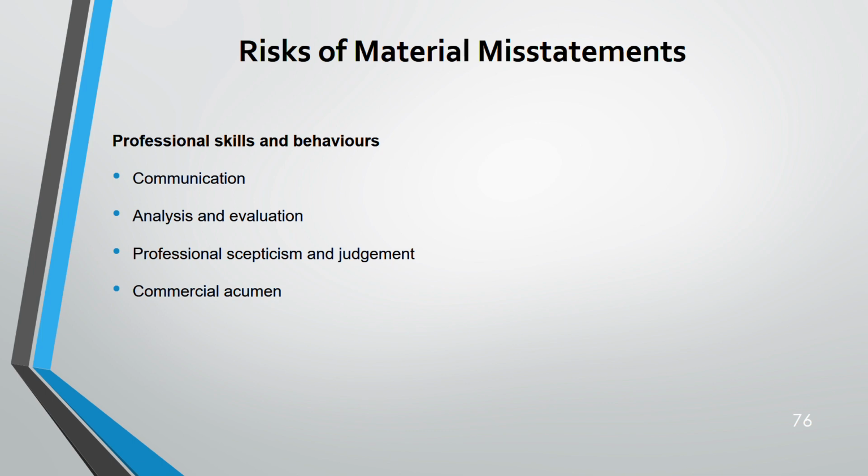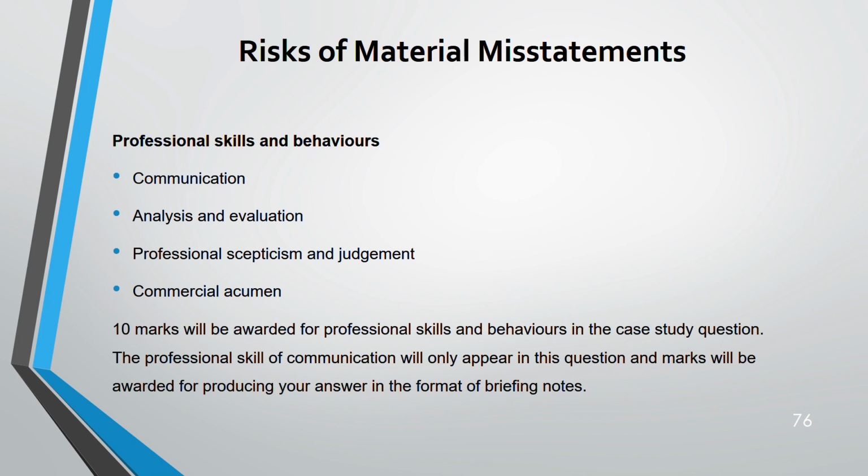No worry, we'll explain one by one. In this case, we'll focus on communication skill. Why? Because in this question, risk of material misstatement, they test your communication skill. This is the professional skill that they test for this question.